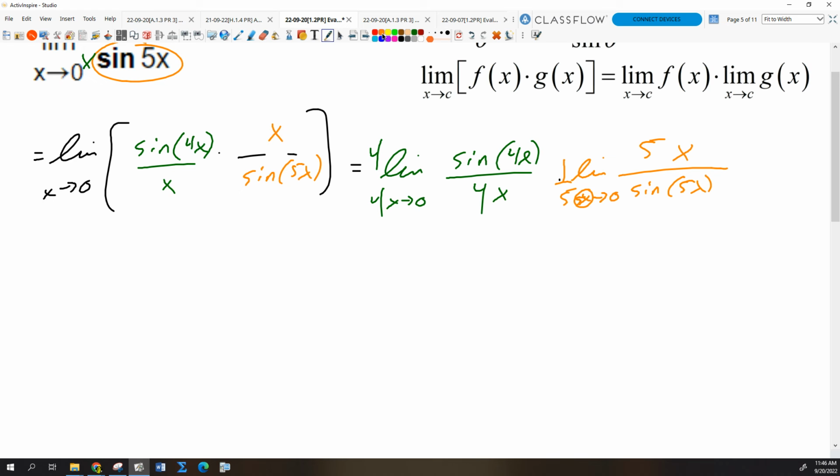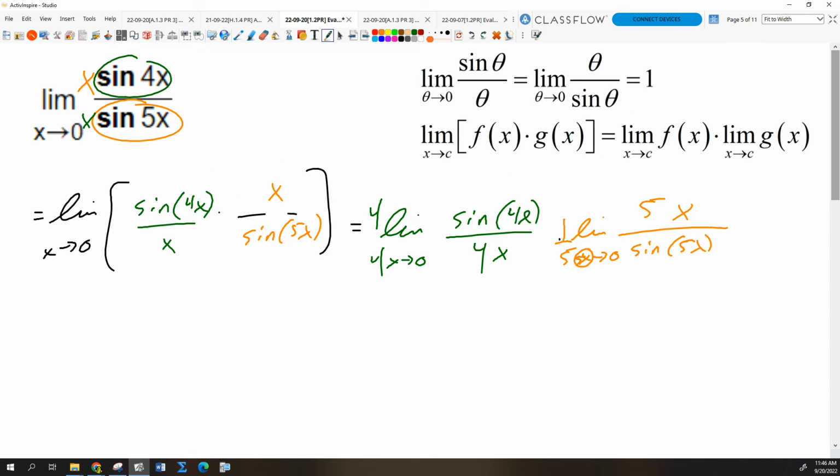So now look, does this make sense up here? If the limit of sine theta over theta as theta goes to 0 is 1, the limit of its reciprocal is also 1, because the reciprocal of 1 is 1. So for that reason, would you guys agree that this one right here goes to 1 and this guy right here goes to 1?